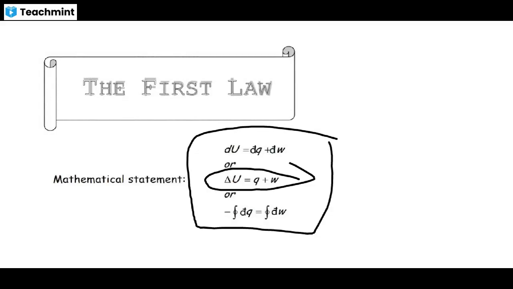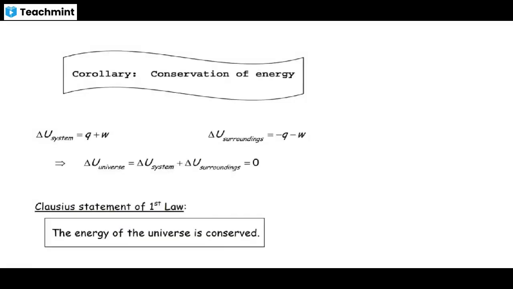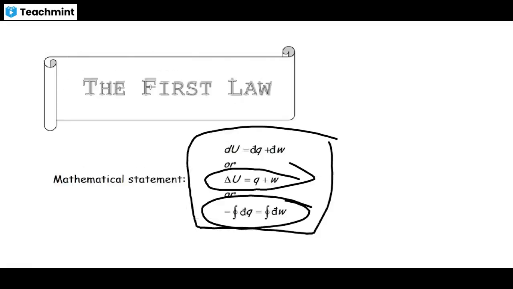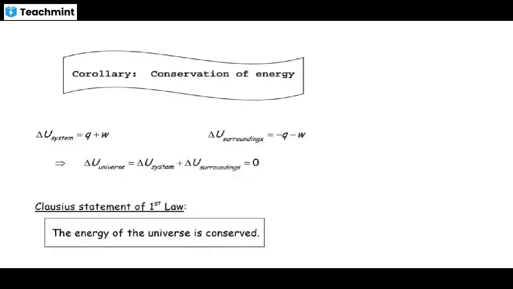Another form: when dU equals 0, the cyclic integral of dq is equal to minus the cyclic integral of dw. The circle means the closed path. For the system, heat entering is positive and work done on the system is positive.